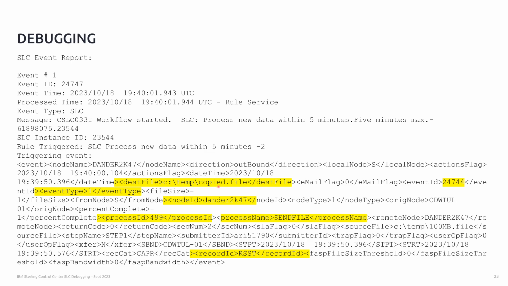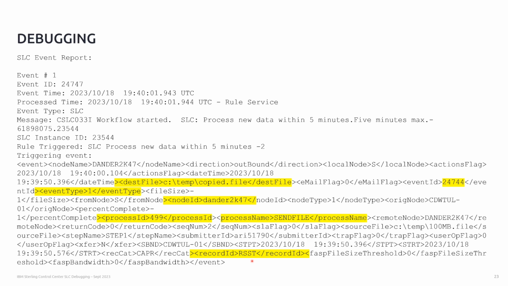The correlator for the other milestone, its value needs to be this, or it's not going to be a match. The server it came from, which I said was unimportant due to the match criteria, was standard 2K47. Here's that process number, here's the process name, and it was a local step start, or a remote step start, excuse me.